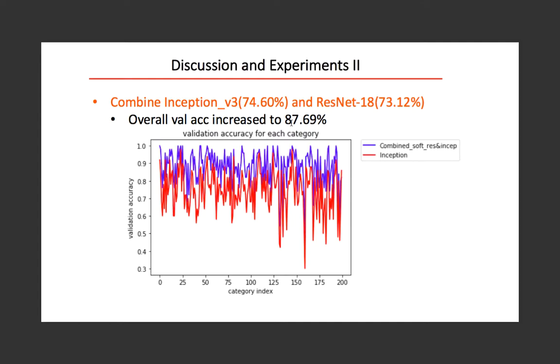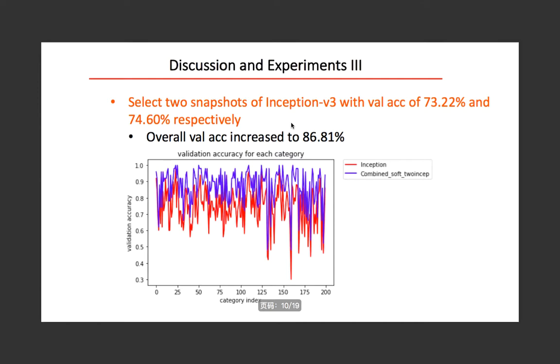87%. So in order to further verify that this improvement is due to different networks having different strengths, we would like to do another experiment where we select two snapshots of Inception V3 with validation accuracy of 73.22% and 76.6% respectively.